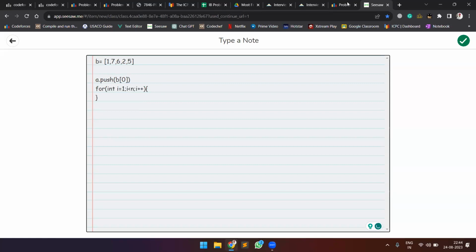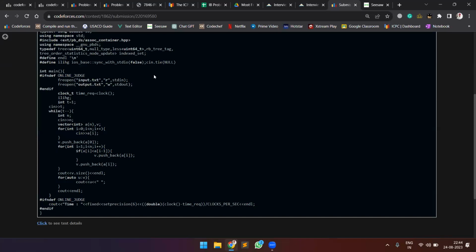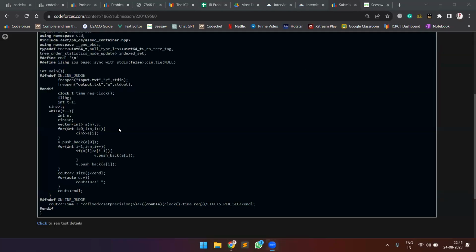Basically, I've written the code. You might see it here. This is my code here. The vector, basically, I've taken input array as a only. So yeah, I have first added a of 0. Then I'll see if a of i is less than a of i minus 1.